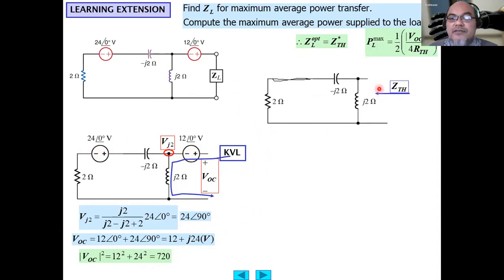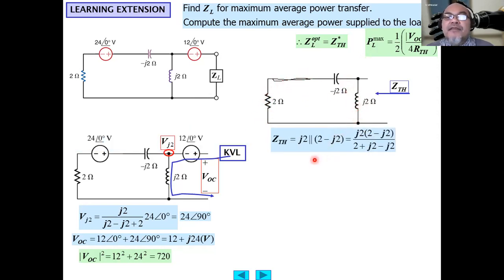This is what we obtain. So this is basically j2 ohm in parallel with the series of 2 ohm and minus j2. Okay, j2 in parallel with 2 minus j2. So this is the result, and we simplify further to obtain ZTH equals 2 plus j2 ohm.